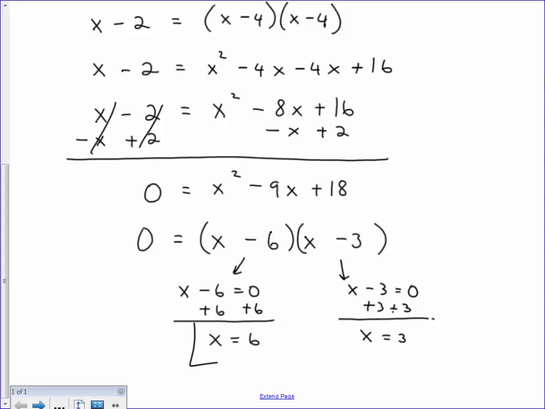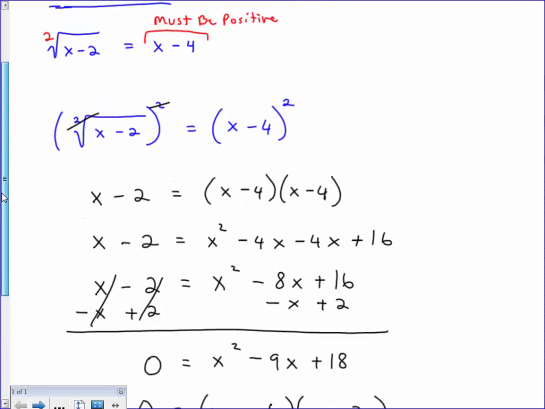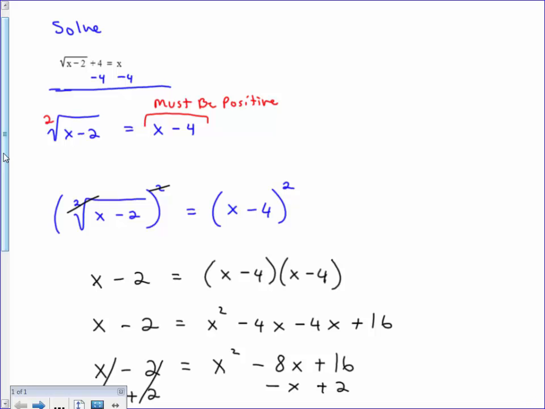Alright, before we say that these are our final solutions, we need to go back up, and in this situation we had kind of an unusual situation here where this x minus 4 had to be positive. Well, the solutions we got below were x was 6 and x was 3.